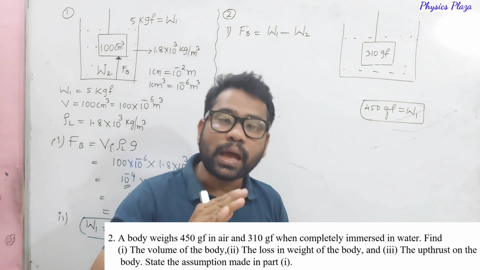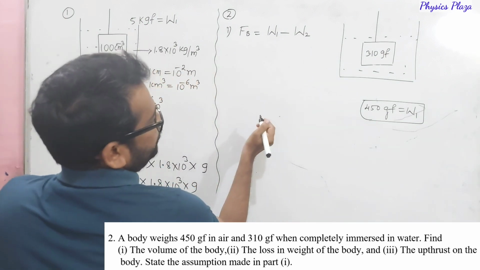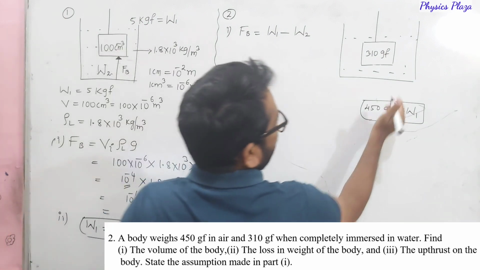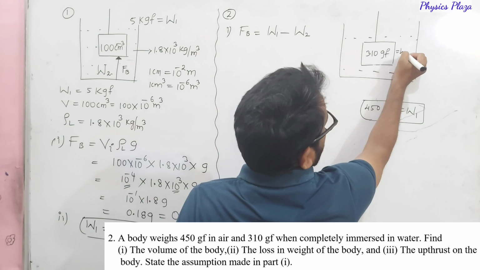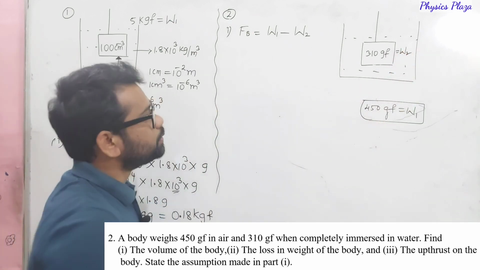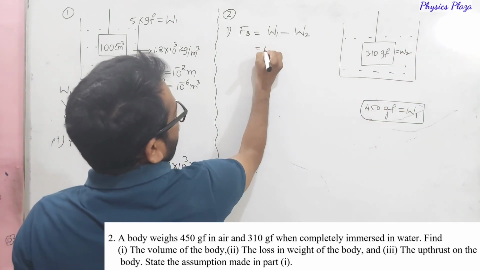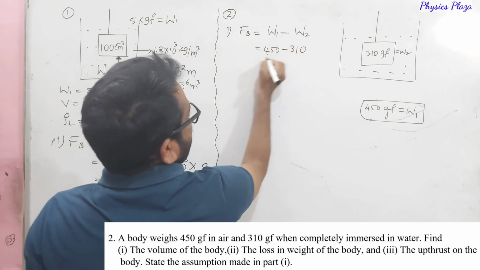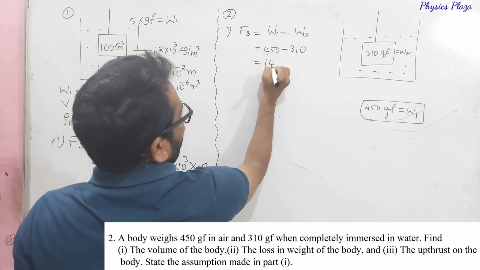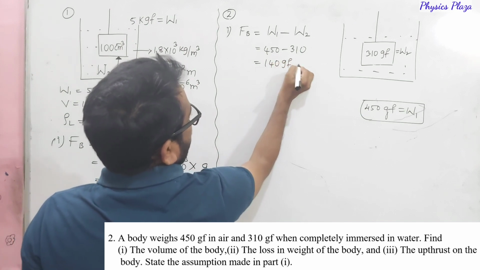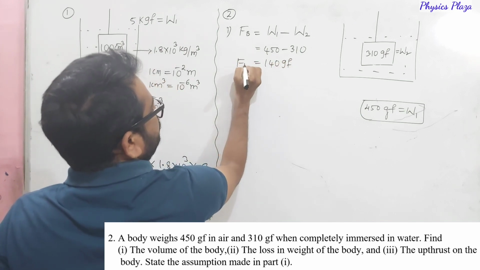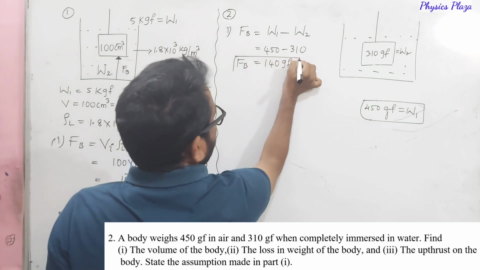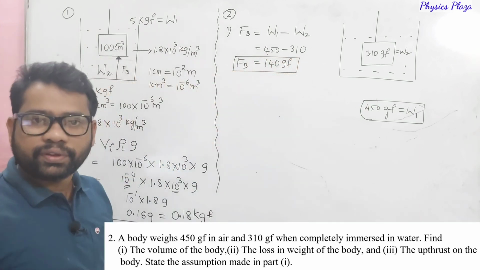That is also called the apparent weight. So this is W1, this is W2. Let us substitute directly. This is 450 minus 310, so this will be 140 gram force. Okay, first one we got.